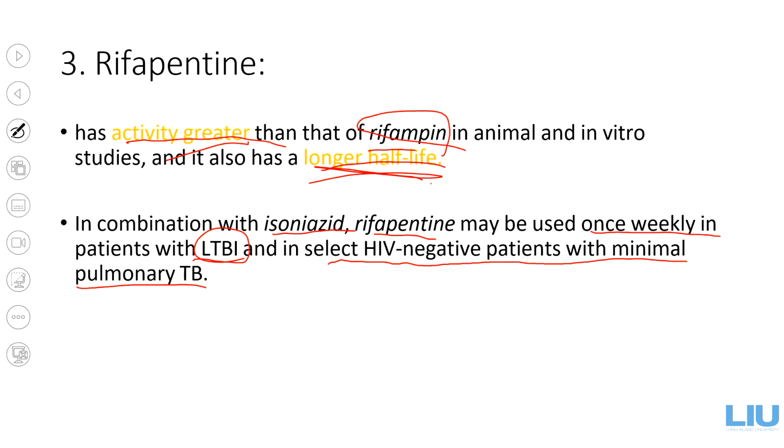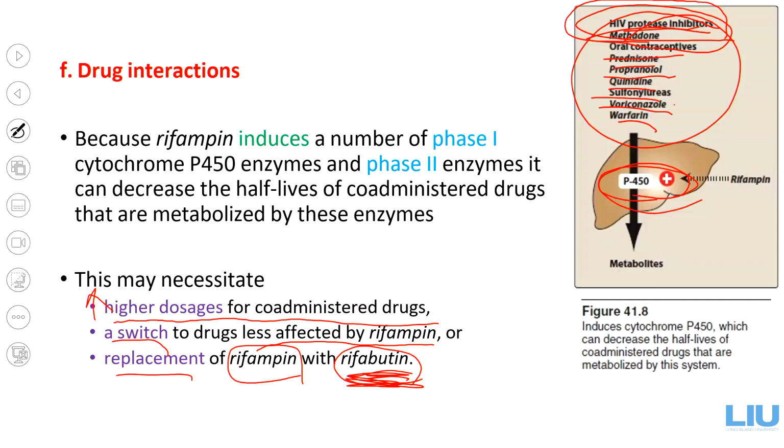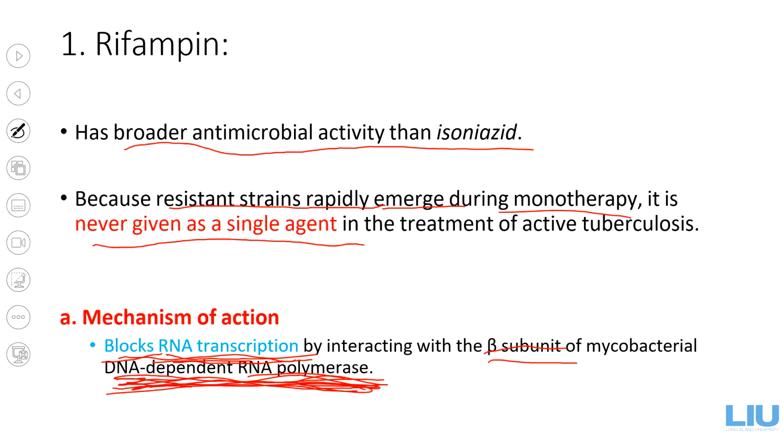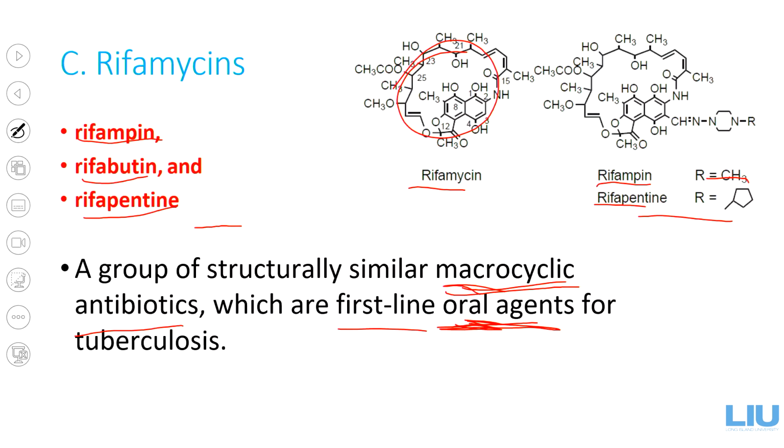Yeah, Eric. Is there something to do with the structure that makes rifapentine have a way longer half-life? Let's look at the structures because I didn't think about that. So I think that might be it.